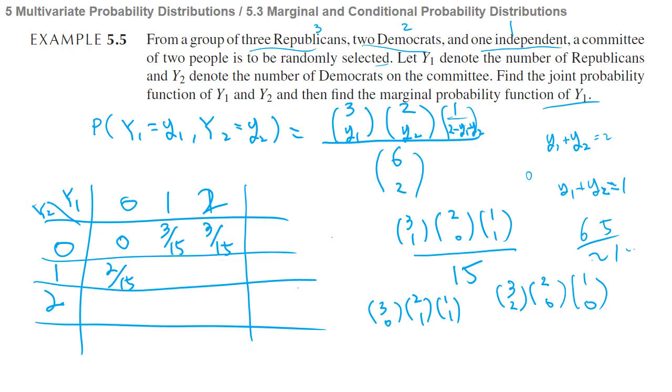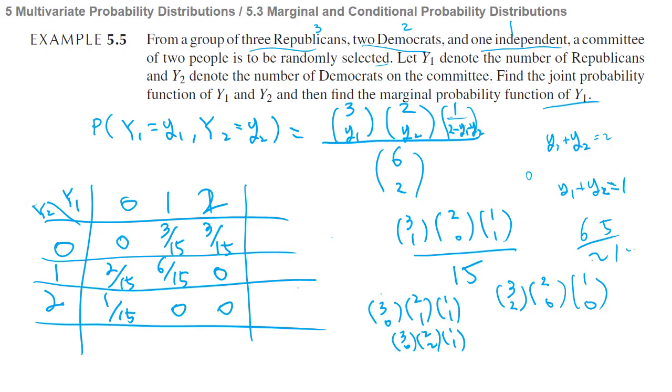Y1 equals 1, y2 equals 2 is impossible, so the probability is 0. For y1 equals 0, y2 equals 2: 3 choose 0, 2 choose 2, 1 choose 0, this is 1 over 15. And 2, 2 is 0. So this is the probability table.